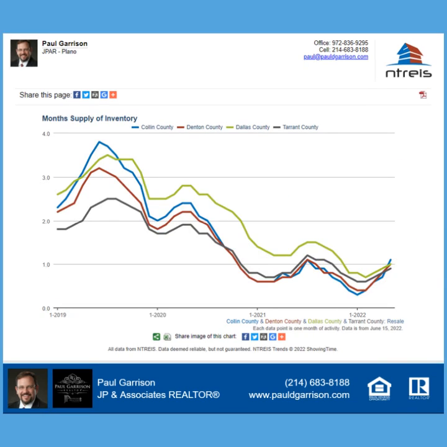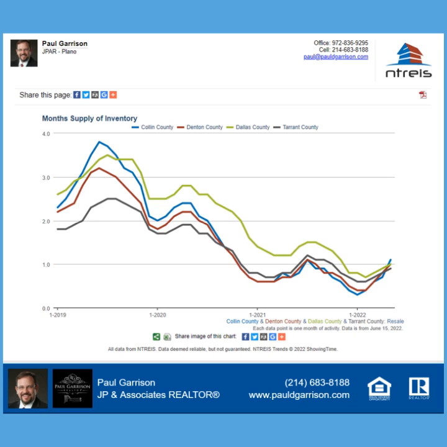So with that last chart, we saw that demand is actually starting to decrease a bit. We're also starting to see supply increase ever so slightly. This chart shows the inventory levels are starting to creep up a little bit on the supply side, here in the 4 counties in DFW, but we are still very, very low.